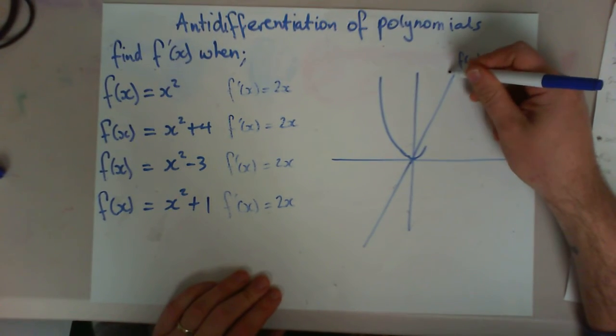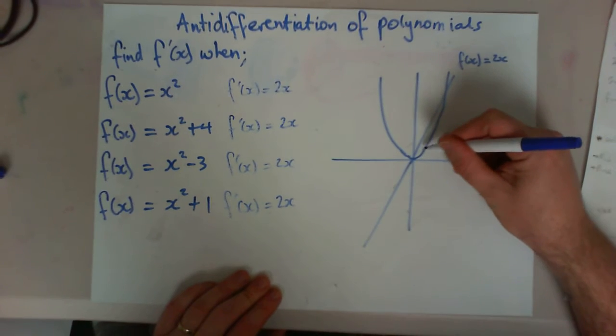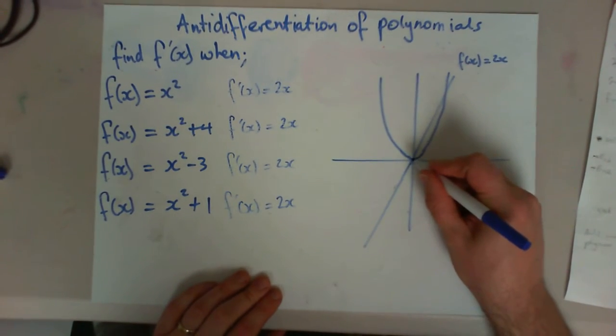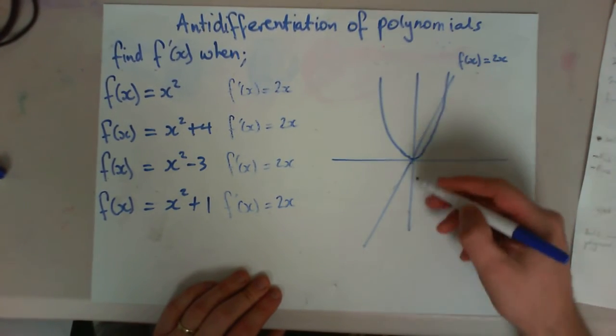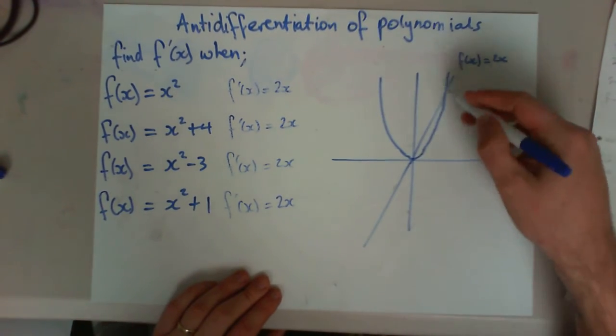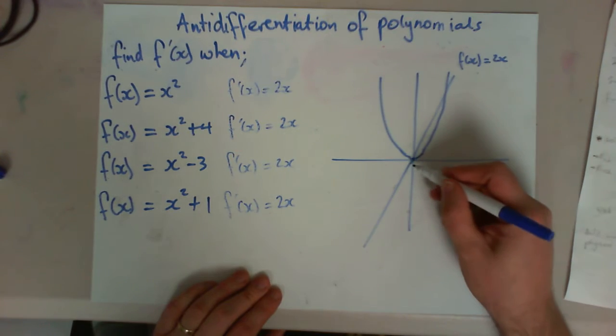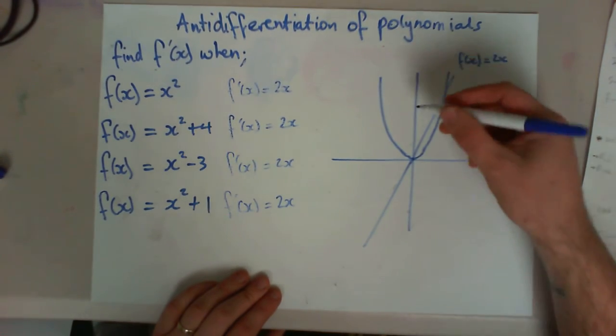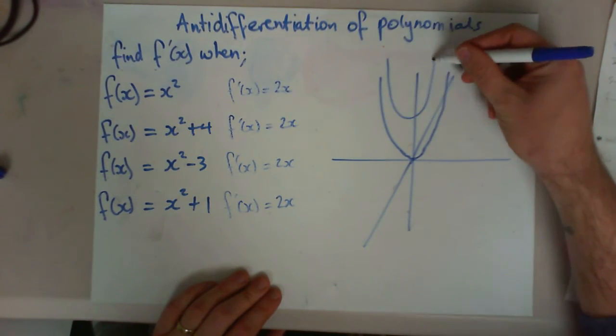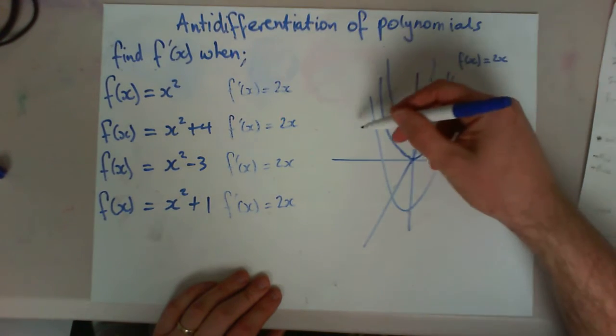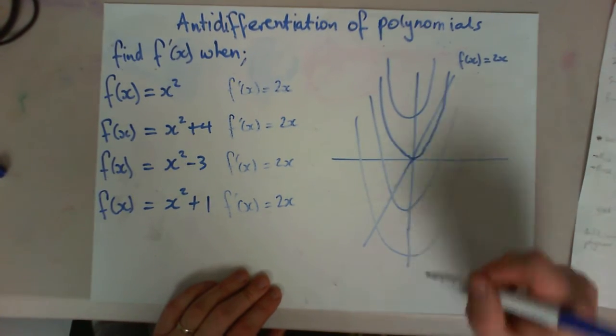And we know that the turning point has to line up with the origin, because 2x goes through the origin as well. But the graph can be up here, it can be down here, it can be down here.